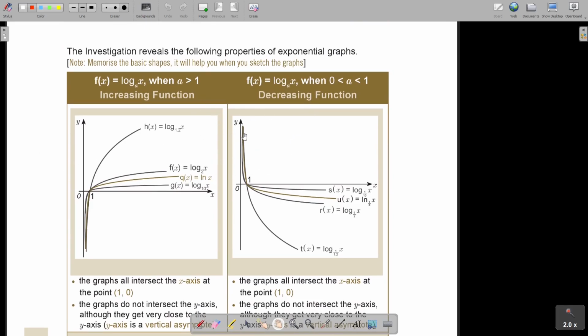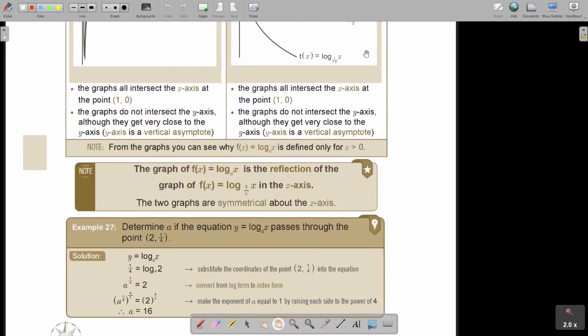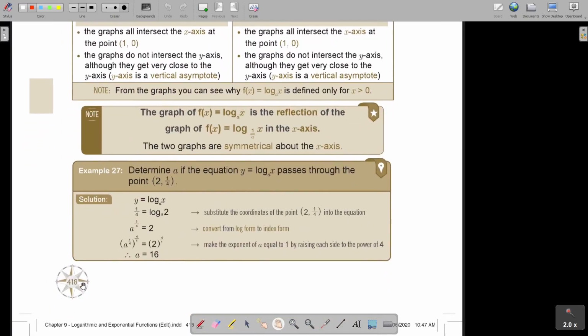But if you look at this one, this is the basic log or ln one. And again, if this was the positive, and if it comes to the negative, then it was a reflection in the x-axis. So at least just know your basic graphs. That is really going to help you a lot. And this was found on page 418.